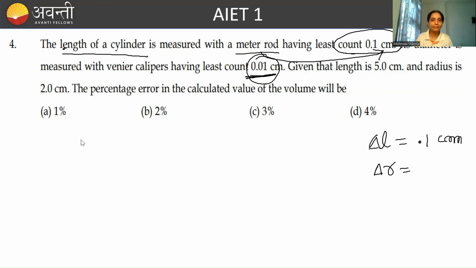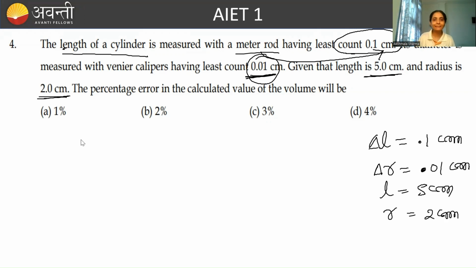So the maximum error in the radius will be how much? 0.01 centimeter. Now, given that length is 5 centimeter, it is given as 5 centimeter, and radius is how much? 2 centimeter. So L is given as 5 centimeter. Radius is given as 2 centimeter.